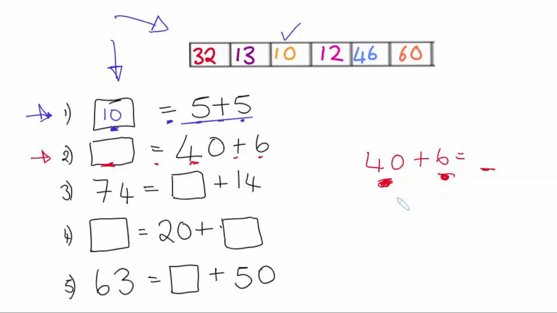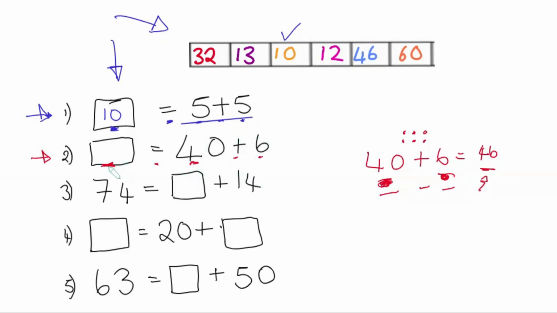Are you ready? Here we go. 40, 41, 42, 43, 44, 45, and 46. Absolutely perfect. So we know that 40 plus 6 is 46.